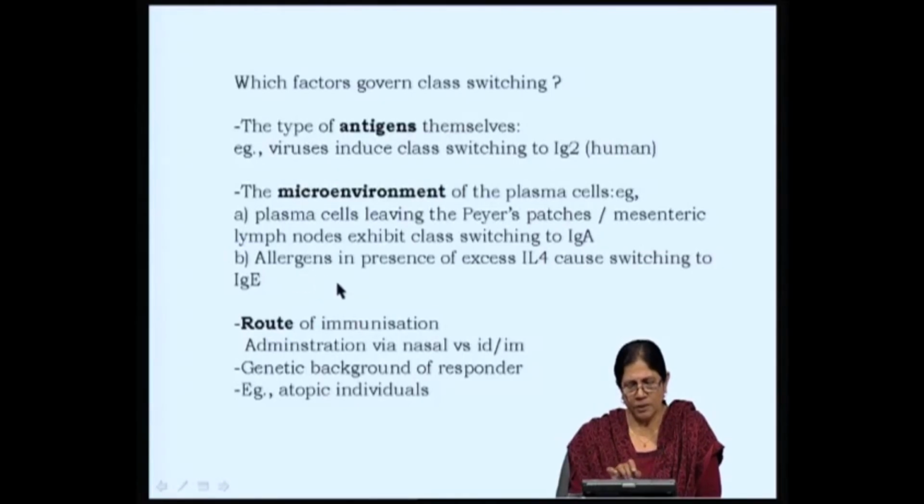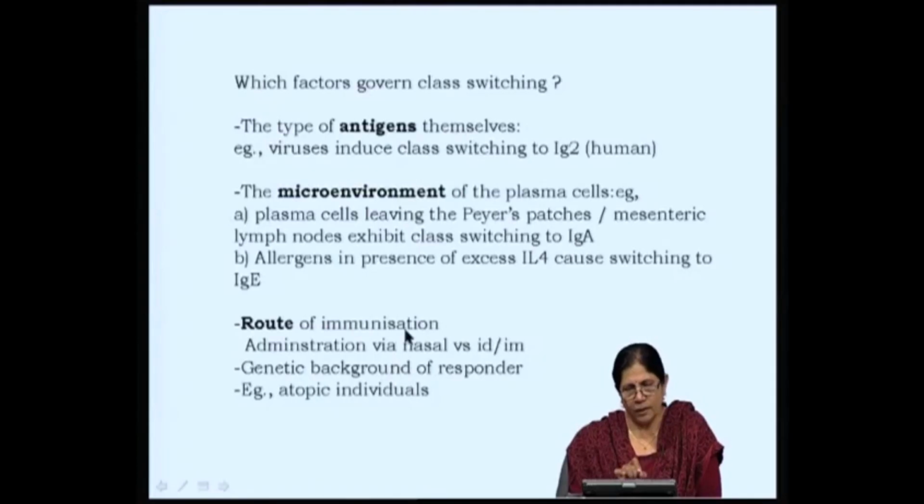Allergens, in the presence of interleukin IL-4, excess interleukin 4 causes switching to IgE. Now, again why? Because IgE brings about mast cell degranulation. Again, this we will deal with in the next class. Another factor that would be governing would be the route of immunization.